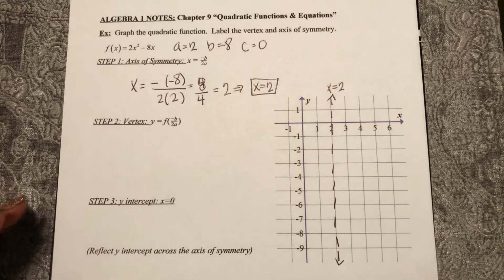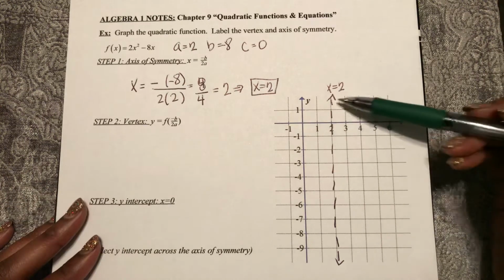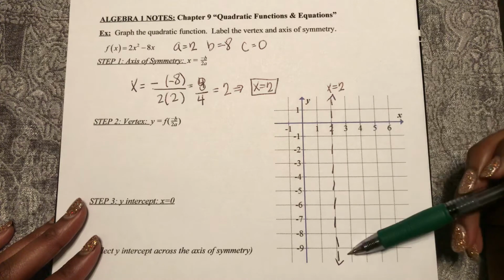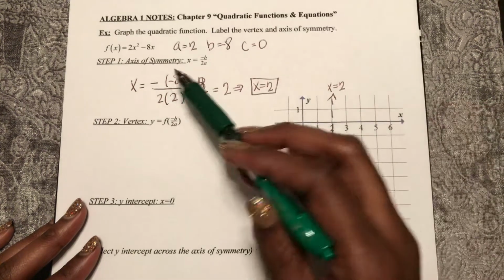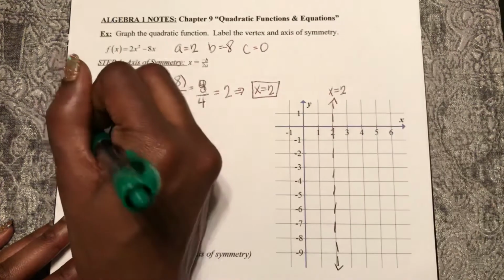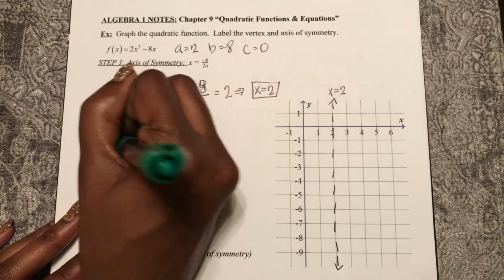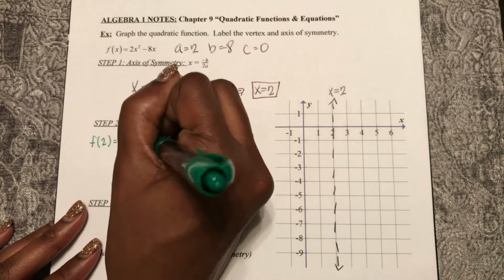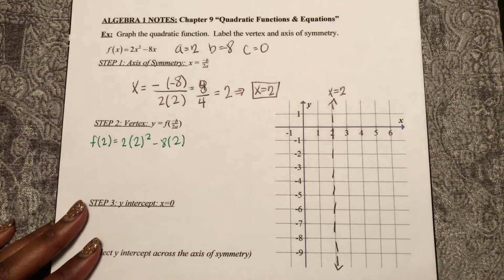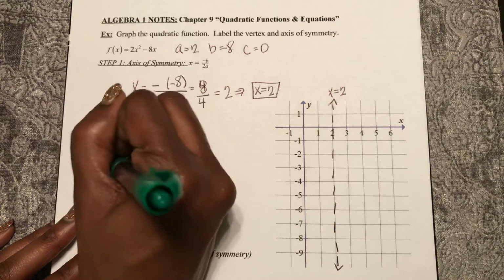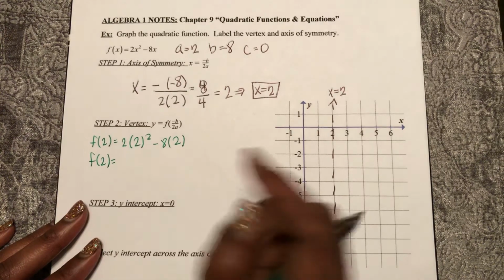So now we know that our vertex is going to fall on this axis of symmetry where x is 2. So we take x equals 2 and plug it into our function. f of 2 is 2 multiplied by 2 squared minus 8 times 2. Remember, using PEMDAS, I square before I multiply.